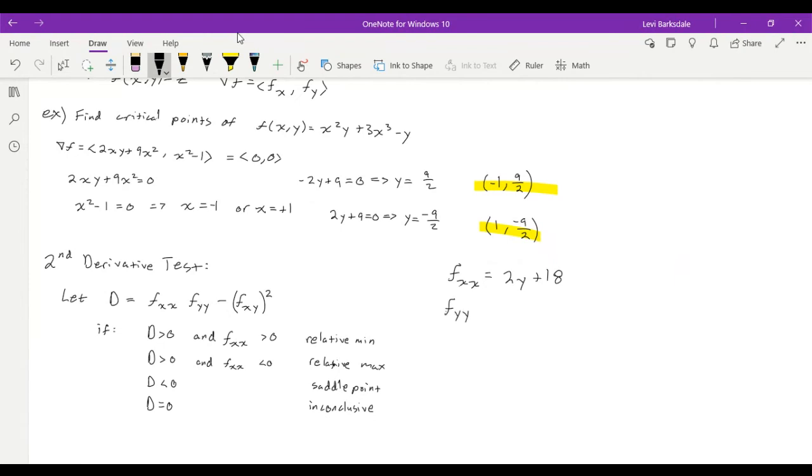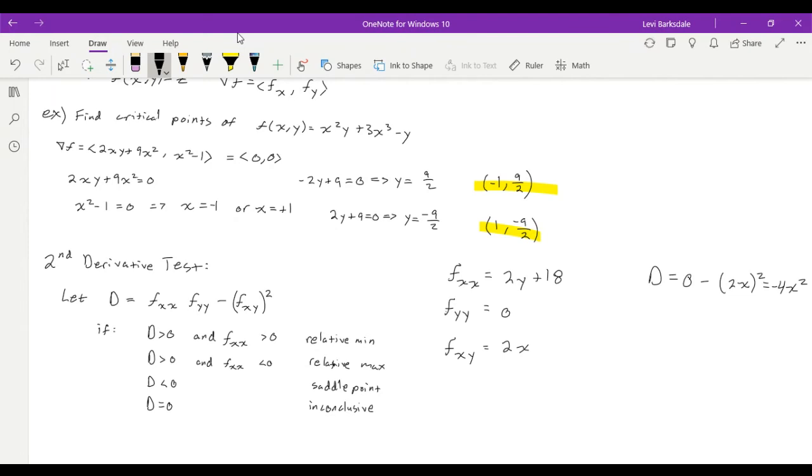We get a second derivative with respect to y of exactly 0, and f sub xy is equal to positive 2x. Well, if we plug in, then we can define d to be equal to f sub xx times f sub yy, and since f sub yy is 0, that would be 0, minus f sub xy, which is 2x, squared, gives us minus 4x squared.